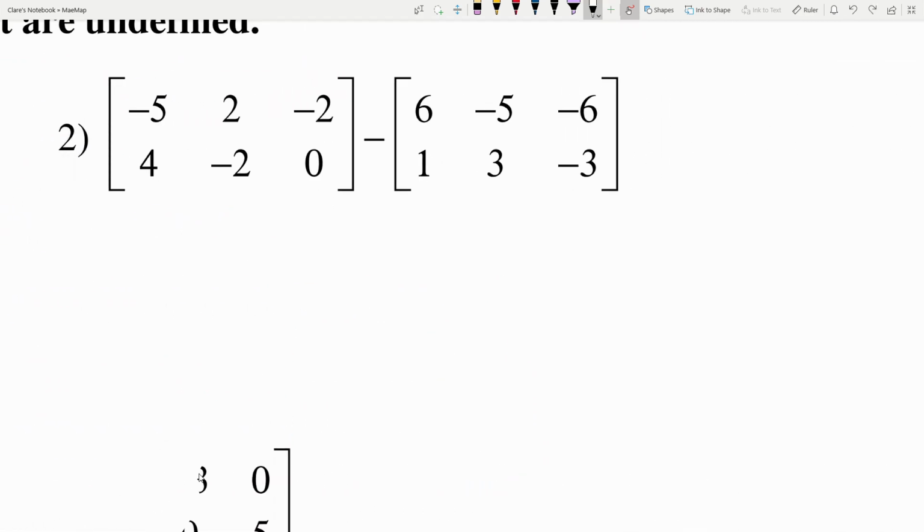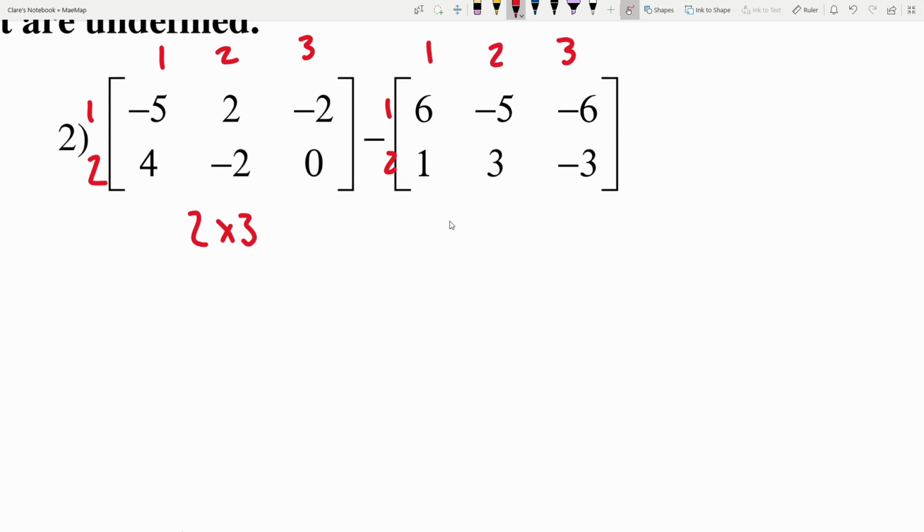In number 2, now we're going to be subtracting. Let's see if we can subtract. We have a 1, 2 by 1, 2, 3, so this is a 2 by 3 matrix, and we're going to be subtracting another 2 by 3 matrix.